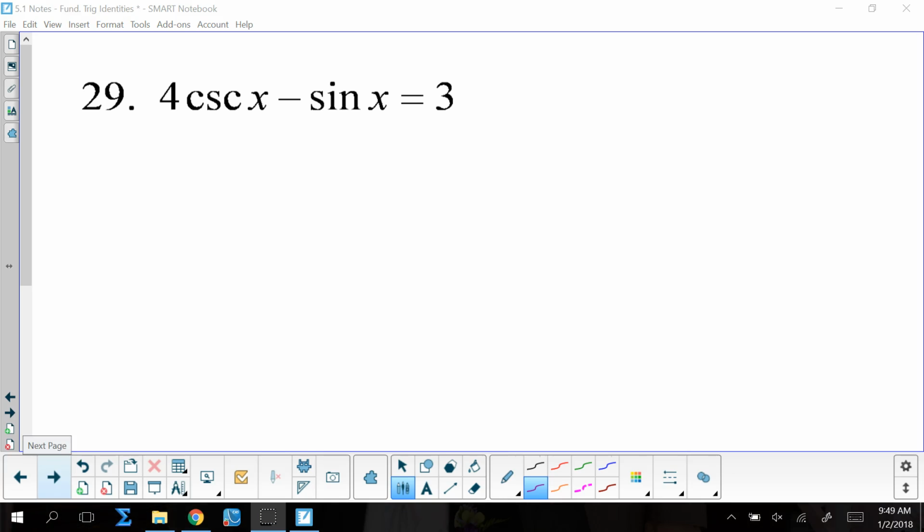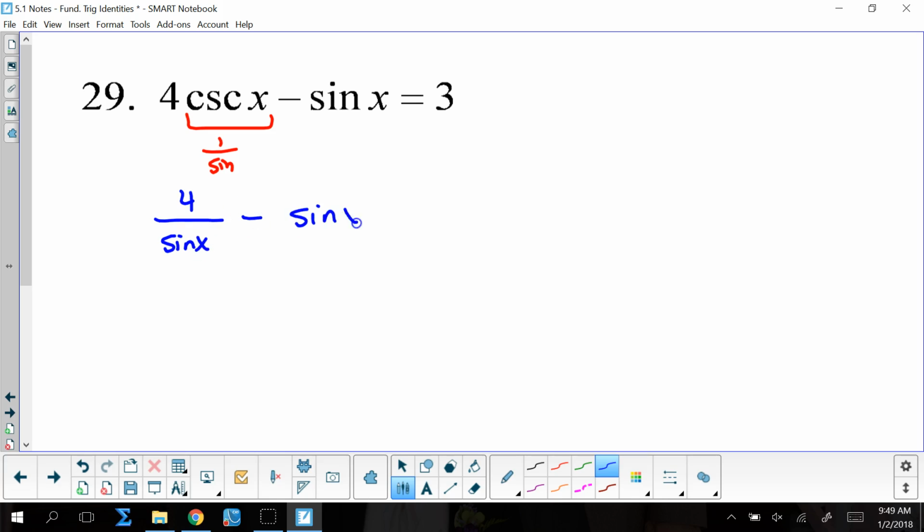Off the start, what don't you like? The cosecant part? What is cosecant? It's 1 over sine. So this is really 4 over the sine of x minus the sine of x equals 3.